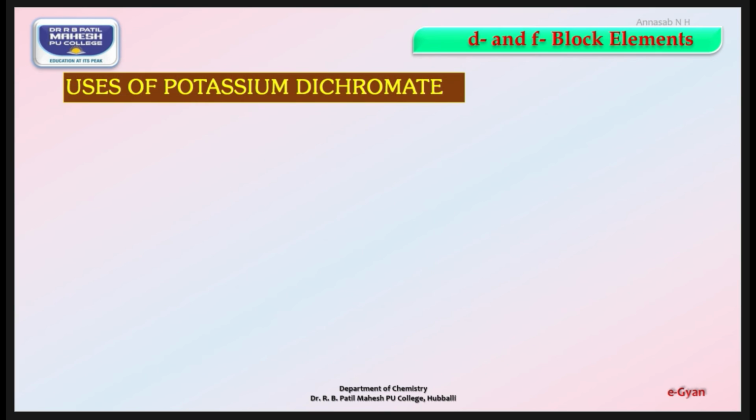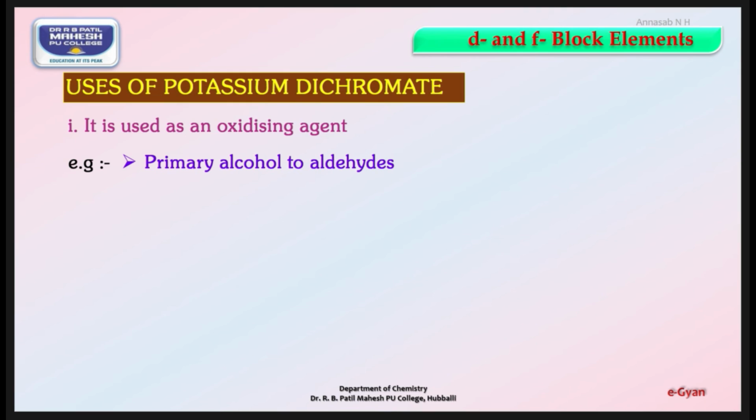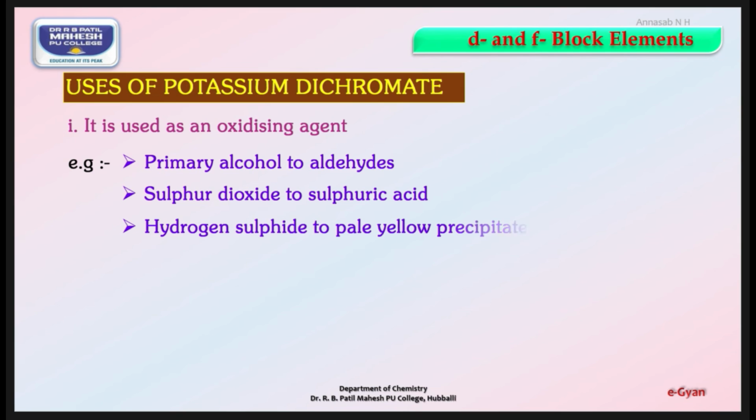Moving further, uses of potassium dichromate. It is used as an oxidizing agent. For example, primary alcohols are converted into aldehydes, secondary alcohols are converted into ketones, etc. Sulfur dioxide to sulfuric acid, hydrogen sulfide to pale yellow colored precipitate of sulfur are all possible due to the oxidizing nature of potassium dichromate.